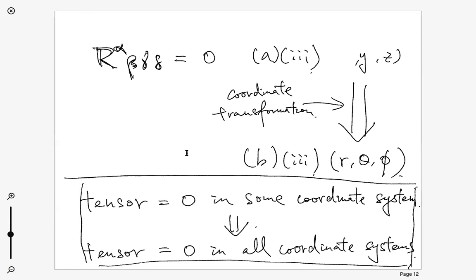So this implies that if we have the Riemann tensor being 0 in the Cartesian coordinates, it would also be 0 in the spherical coordinates. I use the prime here to denote that it is transformed.